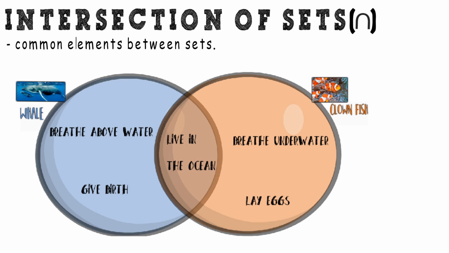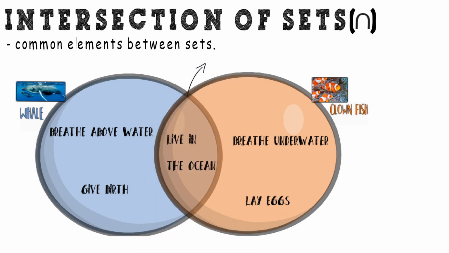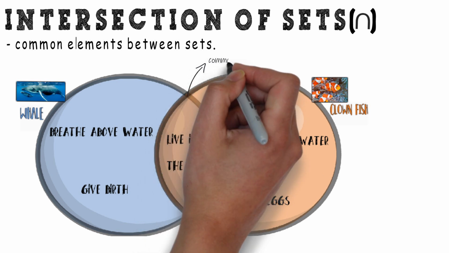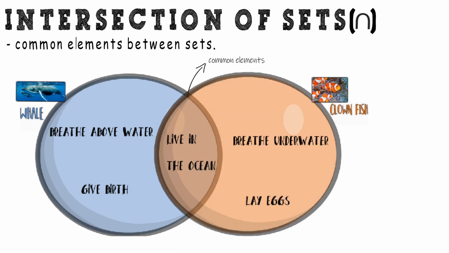That would be the common elements between sets in our Venn diagram. In this case, the common elements between set whale and set clownfish would be the part where the circles overlap with each other, in the center. So we have live in the ocean as our common element. In this example, it is true that whales and clownfish live in the ocean.